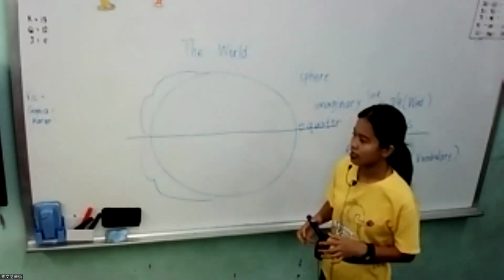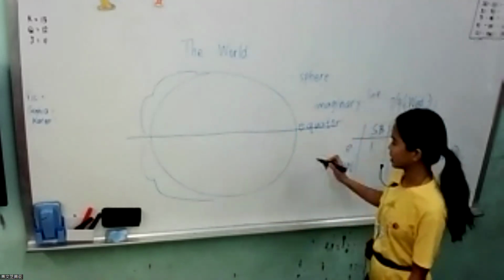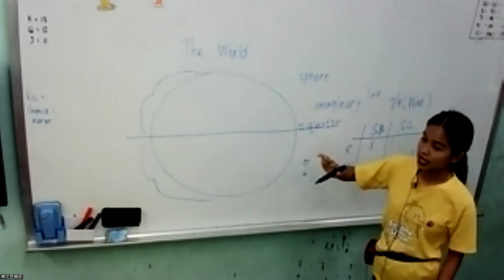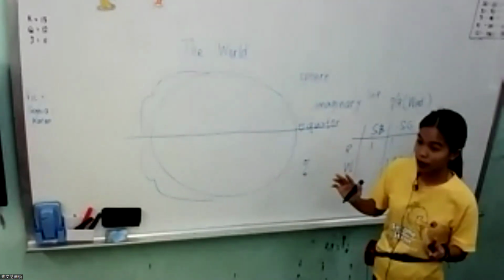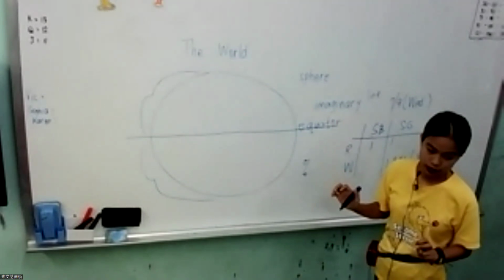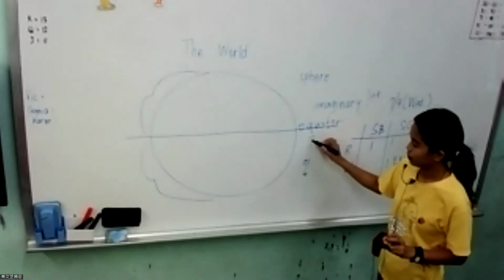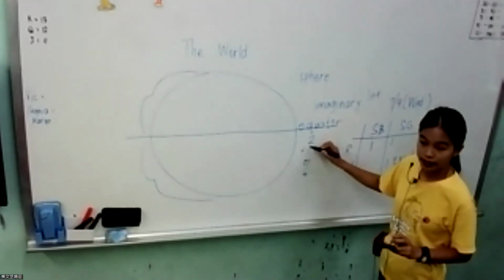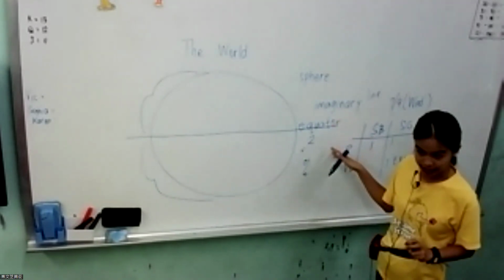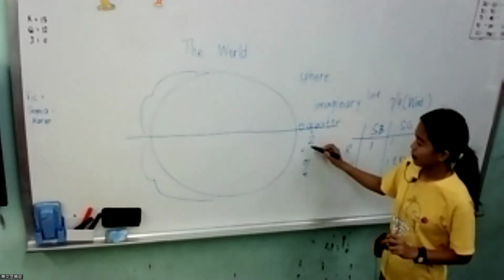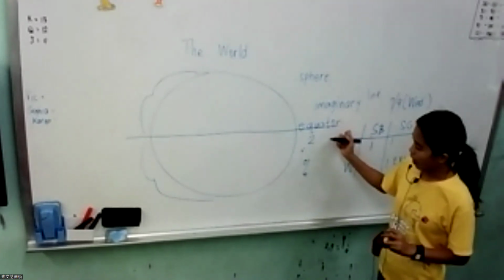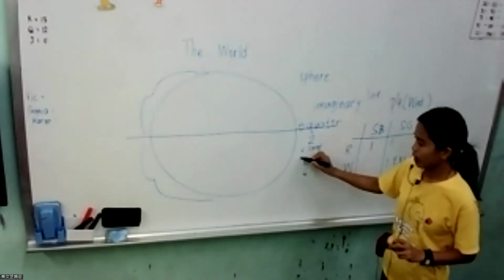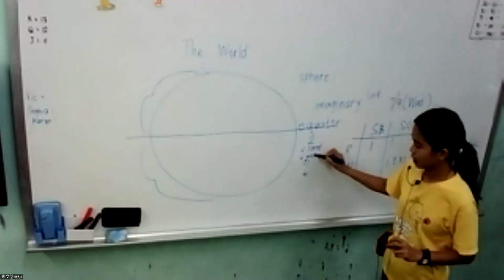But I want to ask, do you know how many percent? Because the world is made up of two parts. We have the land part and we have the water part.